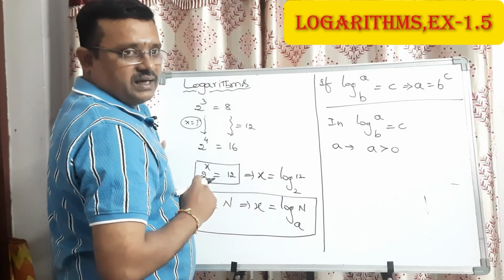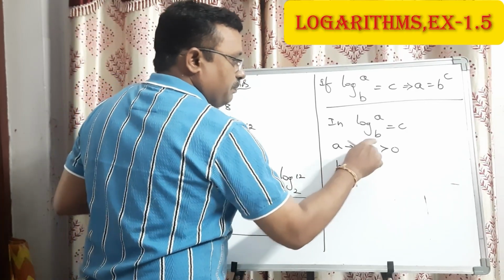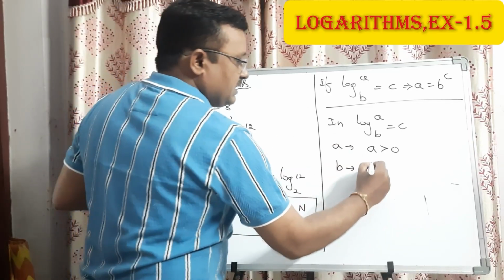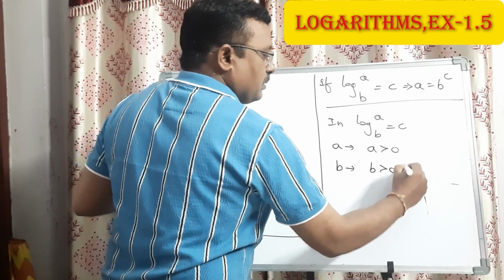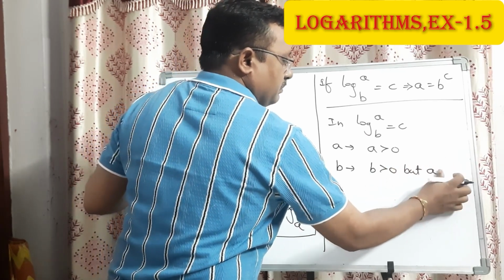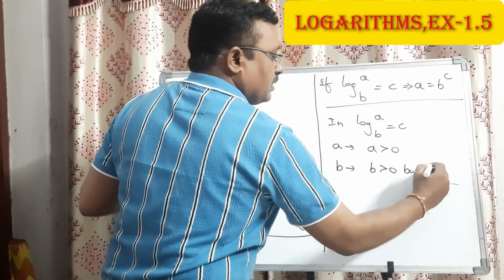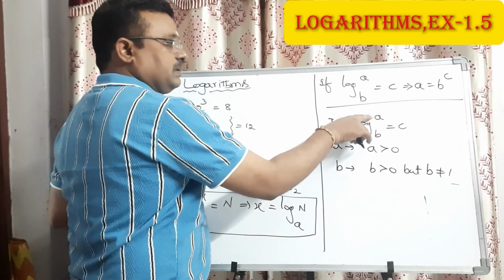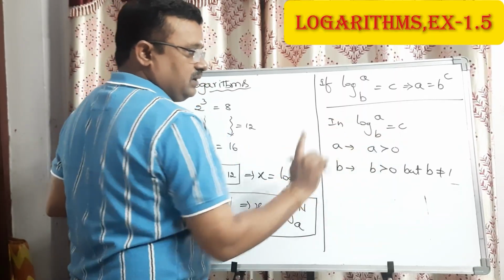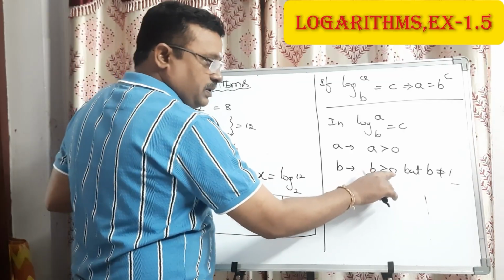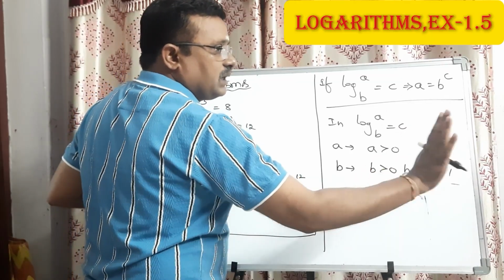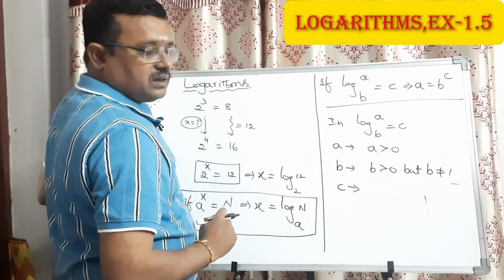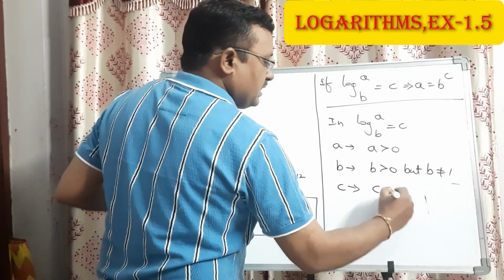The logarithmic base b is also greater than 0, but b should not be equal to 1. So the logarithmic number should be a positive real value, the base b is also a positive real value but not equal to 1, and the logarithmic value c is any real value.